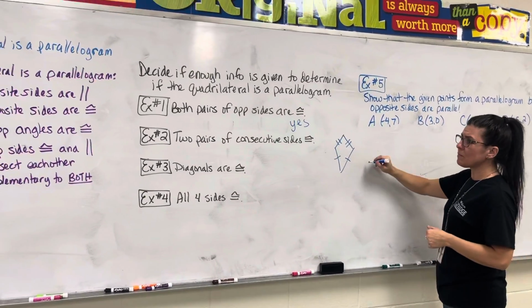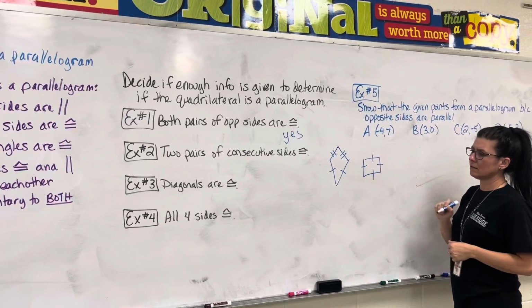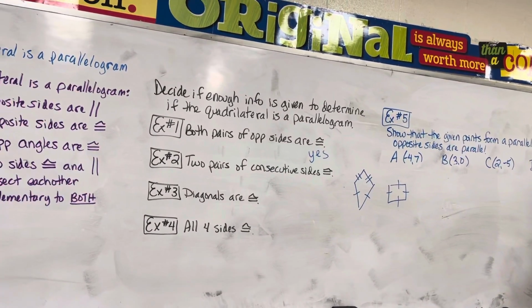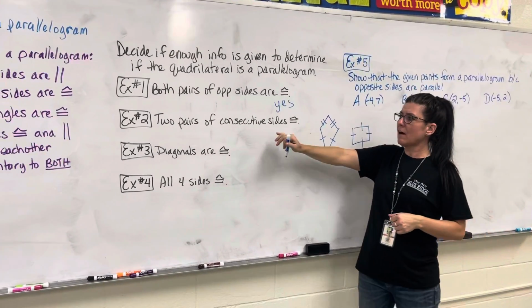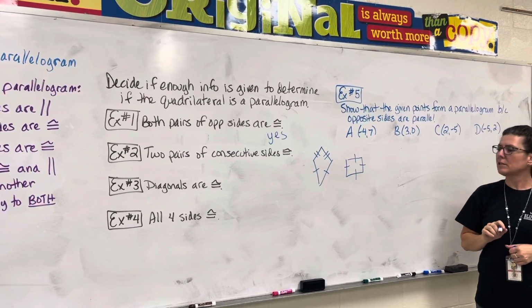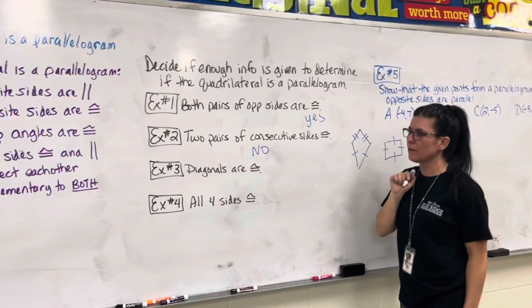Could it also mean something like this? Are those 2 pairs of consecutive sides congruent? It could be. So do you think that this is enough information to call it a parallelogram? It is not. No. This is not enough information to call it a parallelogram.